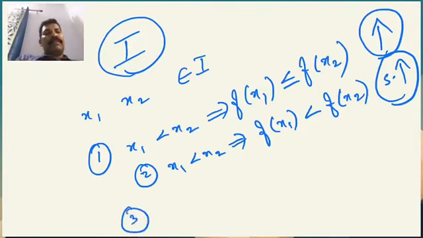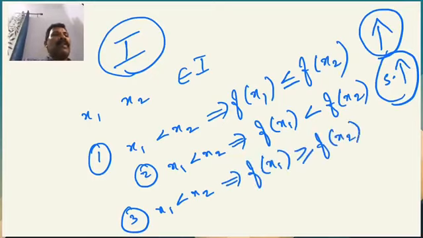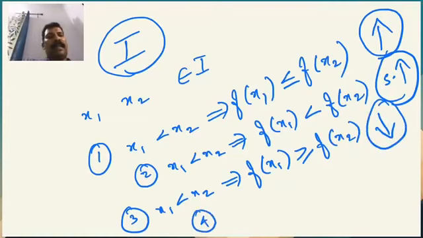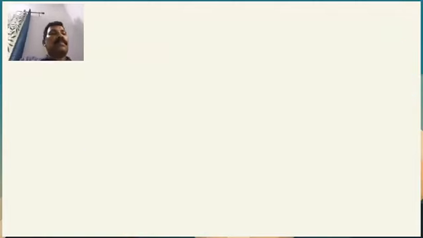Then again, if x1 less than x2 implies f(x1) greater than or equal to f(x2), then we can say the function is decreasing. And the last case, when x1 less than x2 implies f(x1) greater than f(x2), that is f(x2) is strictly less than f(x1), then we can say the given function is strictly decreasing.